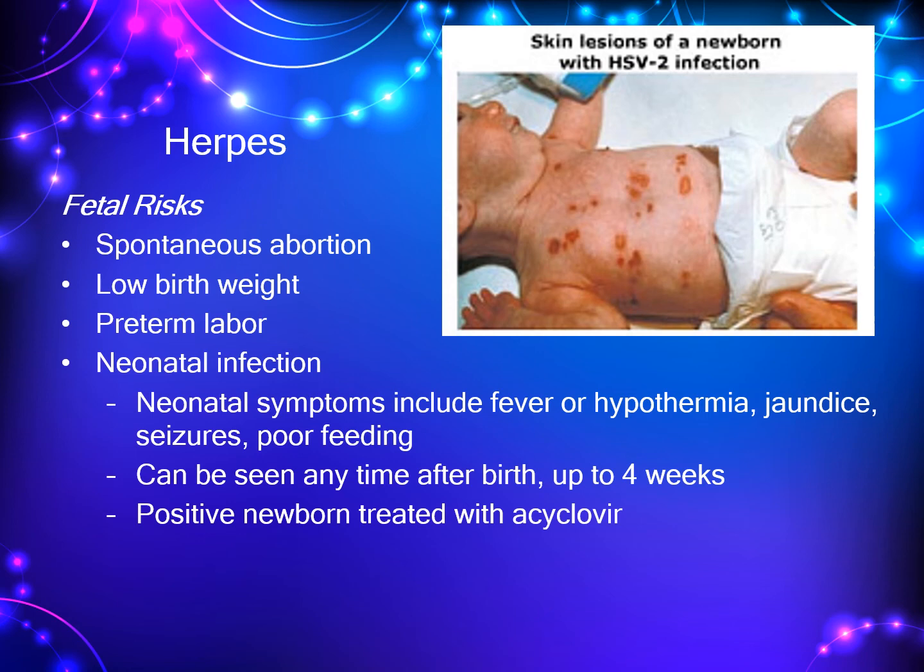So half of these newborns actually get the vesicular skin lesions. Neonatal symptoms include fever or hypothermia, jaundice, seizures, poor feeding. It can be seen anytime after birth up to 4 weeks. And if your newborns are positive for herpes, they will receive acyclovir.